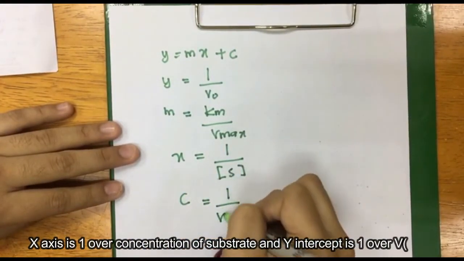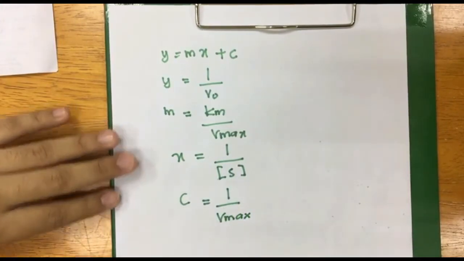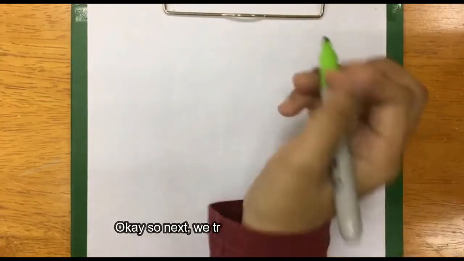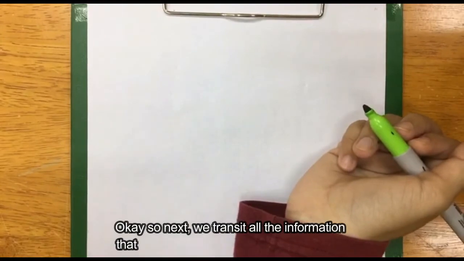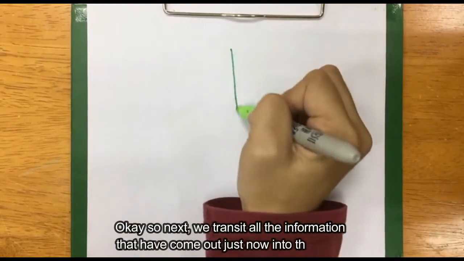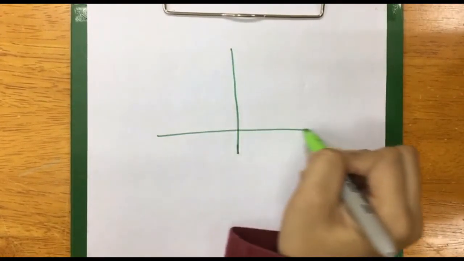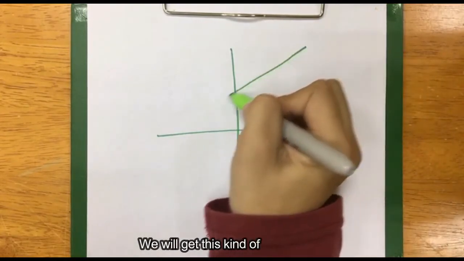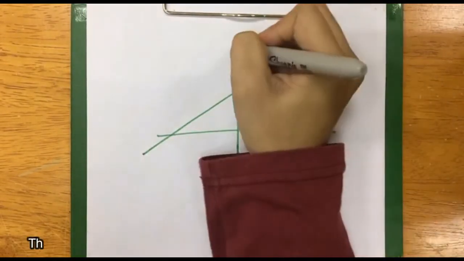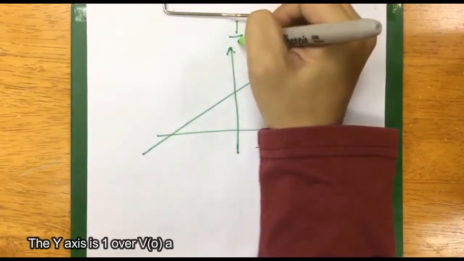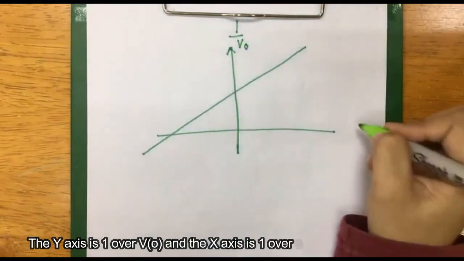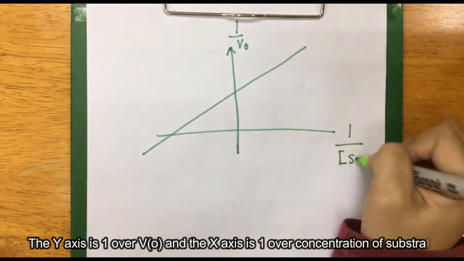and y-intercept is 1 over Vmax. Okay, so next we translate all the information that has come out just now into the graph, we will get this kind of straight line. The y-axis is 1 over V naught, and the x-axis is 1 over concentration of substrate.